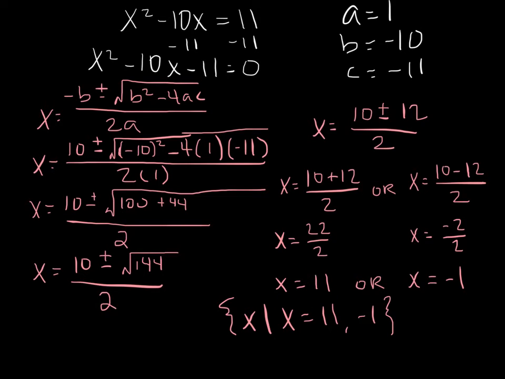So if you plug in 11 and negative 1 into both of these to make sure that you do get the right result, that is extremely important and will definitely benefit you. And we're going to be doing that in class with our calculators. So we're going to double check ourselves with our calculators also.